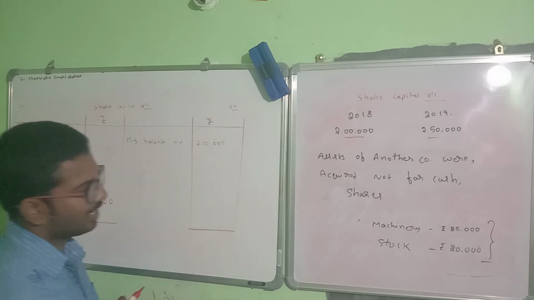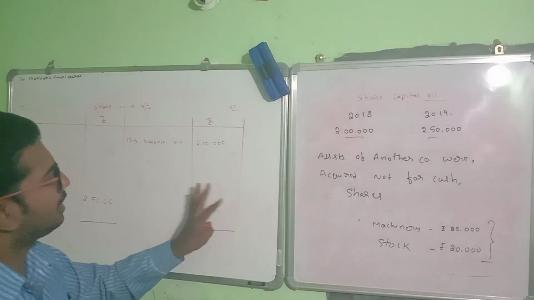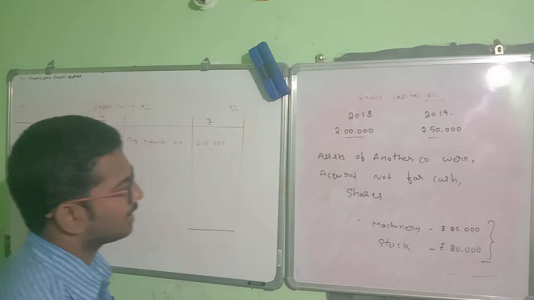Look at the transactions. If any assets are acquired, it does not mean that the value of share capital will come down. So you should record under the credit side. Any assets acquired, either current or non-current, are recorded under the credit side.